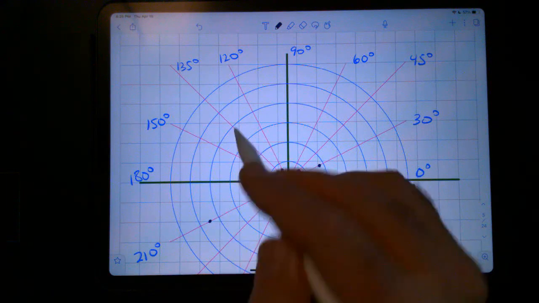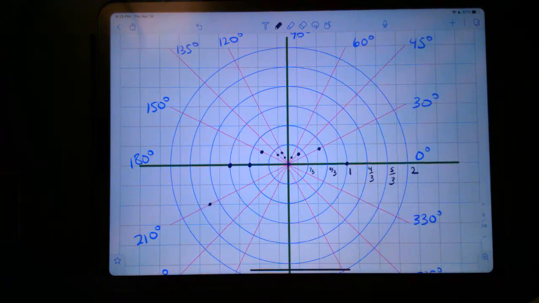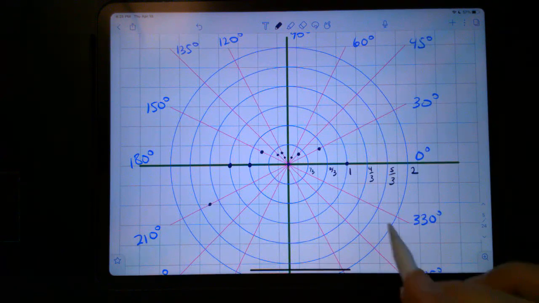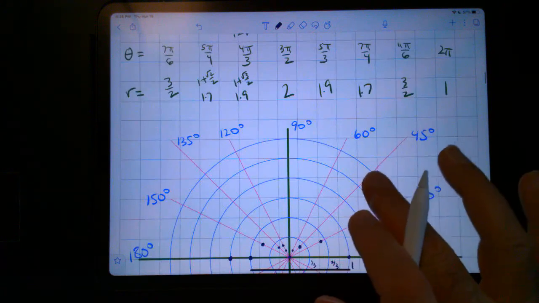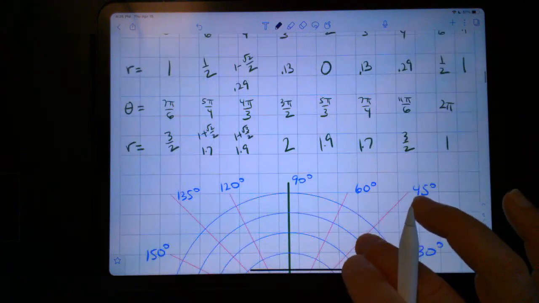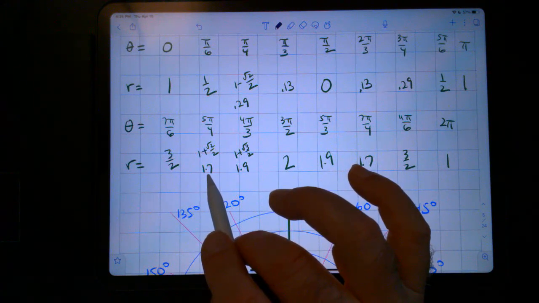And so our r would be here. Okay. And then when theta is 5 pi over 4, r is 1.7.